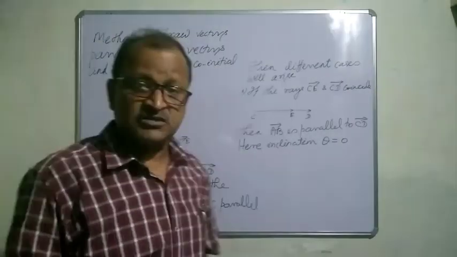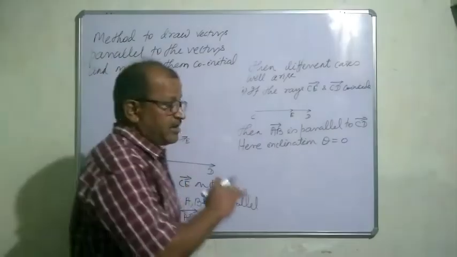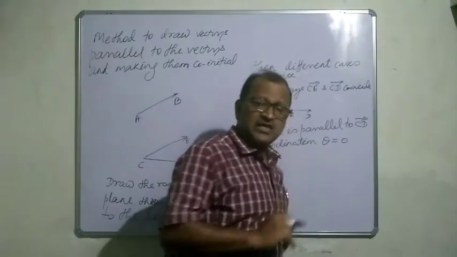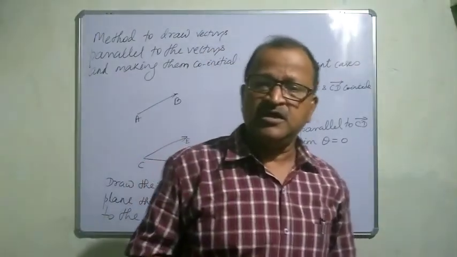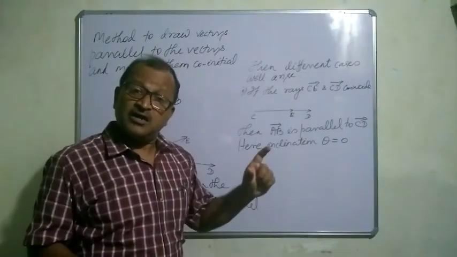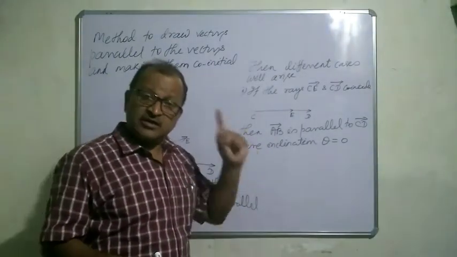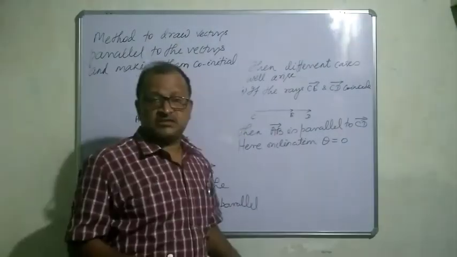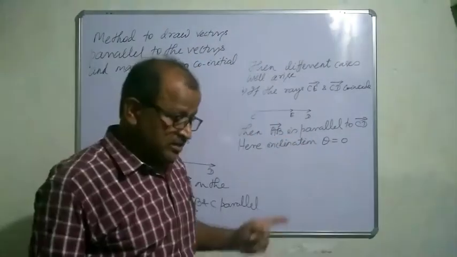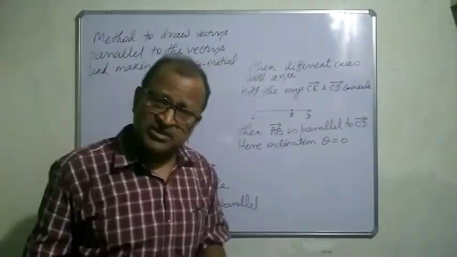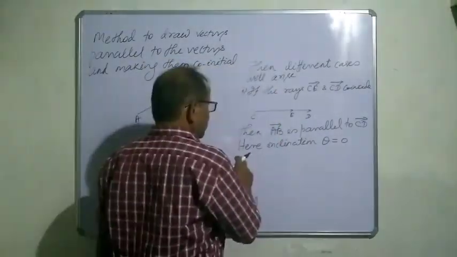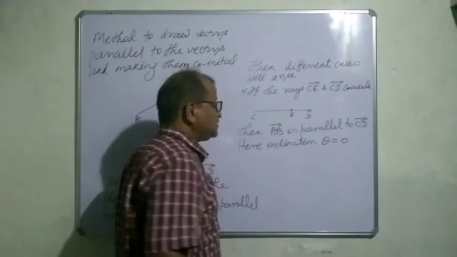We the mathematicians always deal with radian. When someone does its application, like in engineering, they will take the angle measure in degree, but we always take angle measure in radian. Okay. So here inclination is 0.